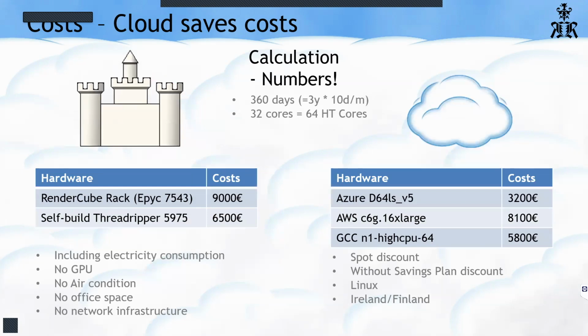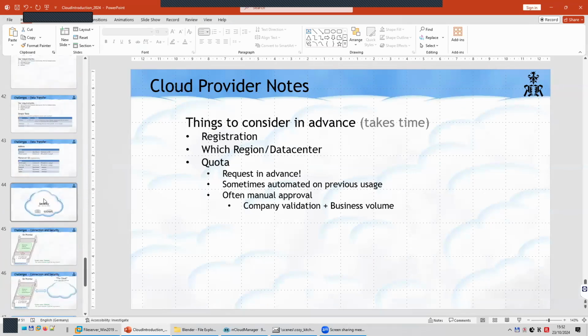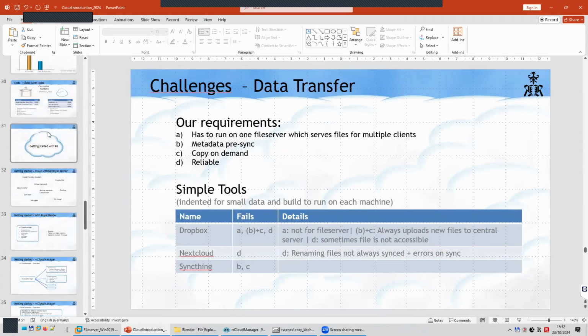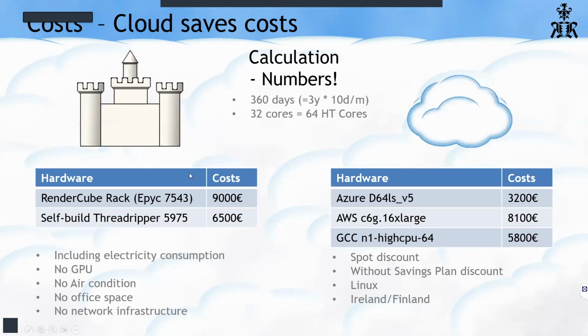Let's take a look at some numbers. So if you buy, for example, a render cube rack with 32 cores, which means 64 hyperthreading cores, it costs you €9,000.